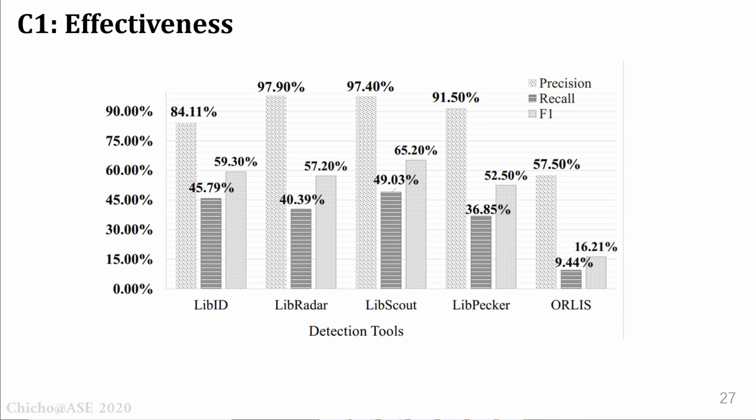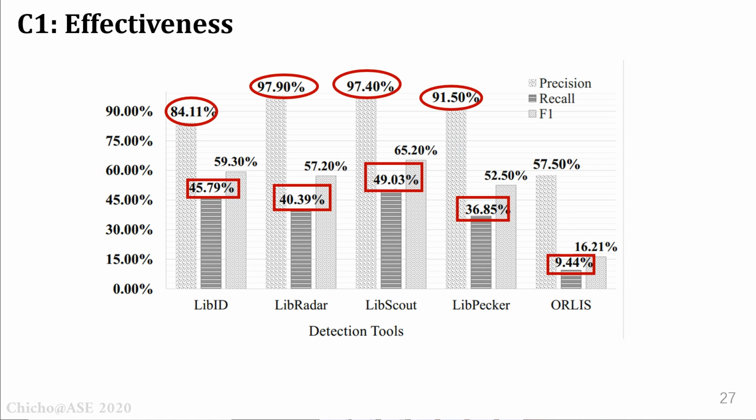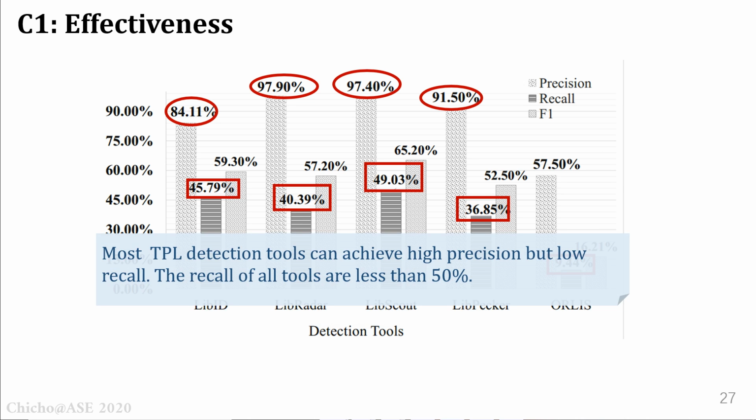They are precision, recall and F-value. Here is the detection result. Here we can see most tools can achieve high precision but low recall. You can find most of them only reach nearly 50% recall, which means they can only find about half of the TPLs in an app.